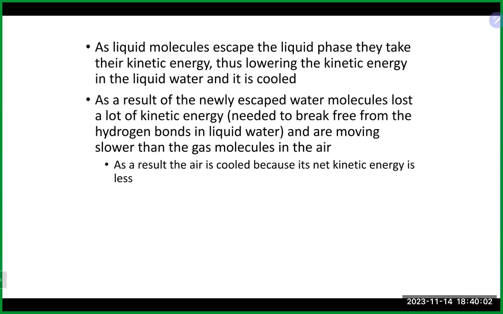So it takes a lot of energy as they pick up that energy as you heat them to break apart from all those hydrogen bonding and work their way out of the liquid part and escape into the gas phase. The result of that is when those water molecules escape the liquid phase, a lot of kinetic energy goes with them, which is sort of the cooling process that occurs for the liquid.